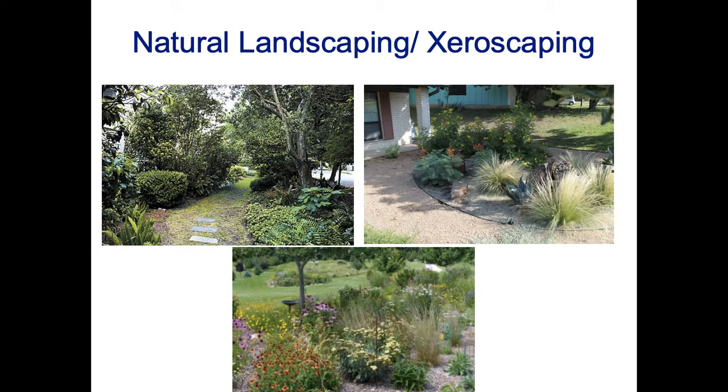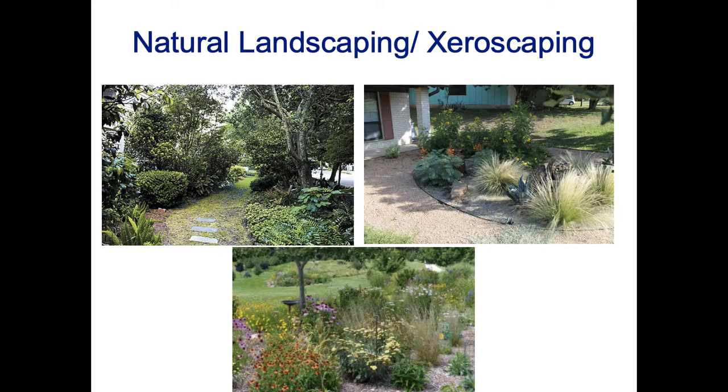So a lot of times you'll see that these are ways that we can conserve smaller things. But there's no reason that we couldn't do conservation for our pollinators, which are a really important ecosystem service, everywhere that we have a little bit of spare land. Xeriscaping is landscaping in a way that uses minimal irrigation.